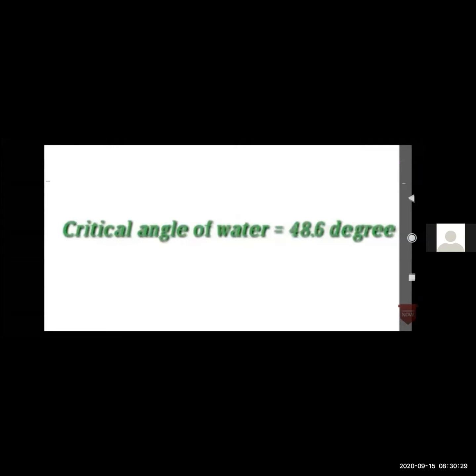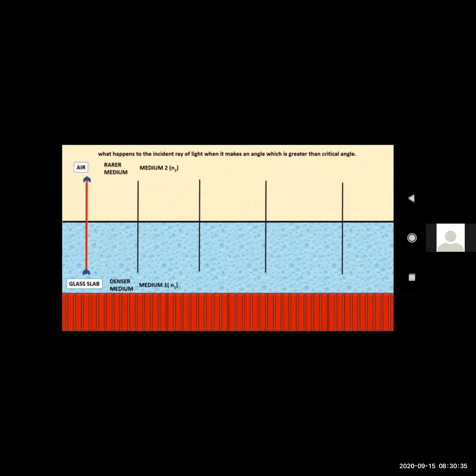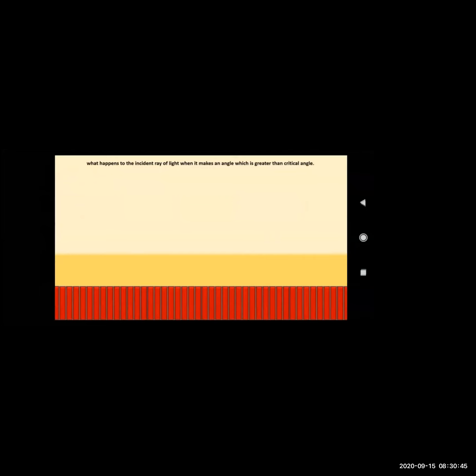Critical angle of water is 48.6 degrees. And the critical angle of glass is 42 degrees. You can note down these values. And the critical angle of diamond is 22.4 degrees. Knowing the values of critical angle is very important.